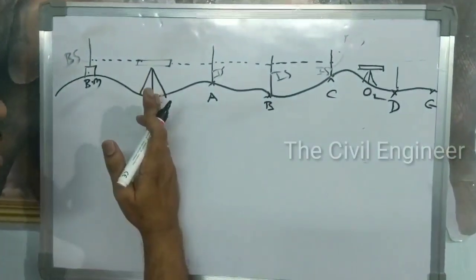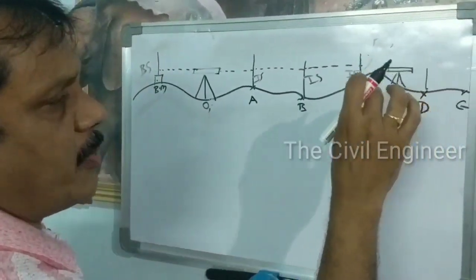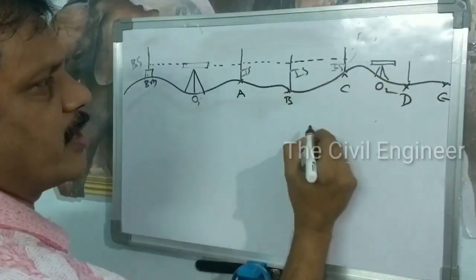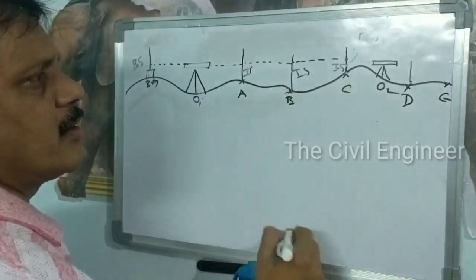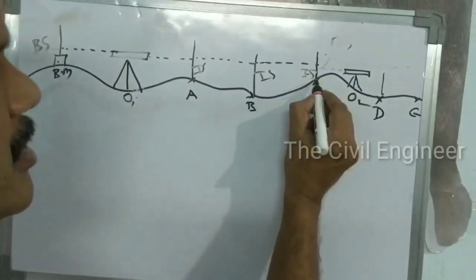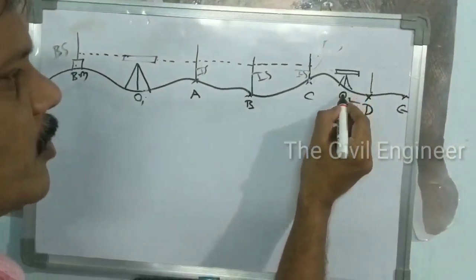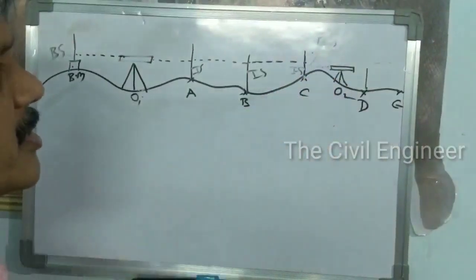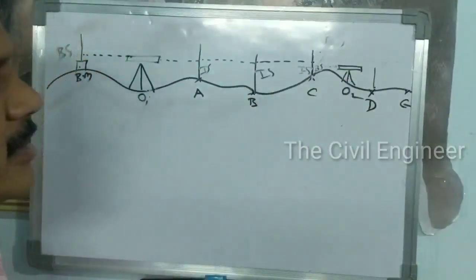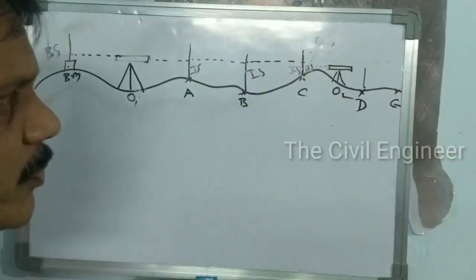Now again shift the instrument from O1 to O2. Whenever the instrument is shifted to another point O2, immediately you have to take the reading on this point C, because the elevation of this point we can already calculate. So whenever the staff is held at point C, after setting up at O2, we have to take the reading on the staff held at point C. That reading is treated as backsight, because that is the first staff reading taken after the instrument was set up at O2.